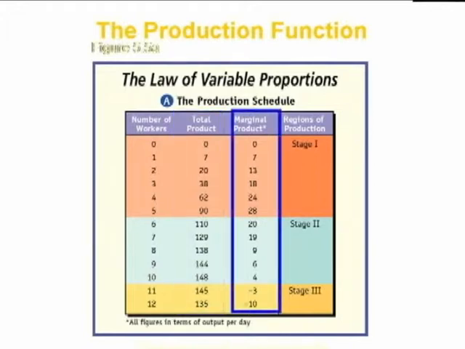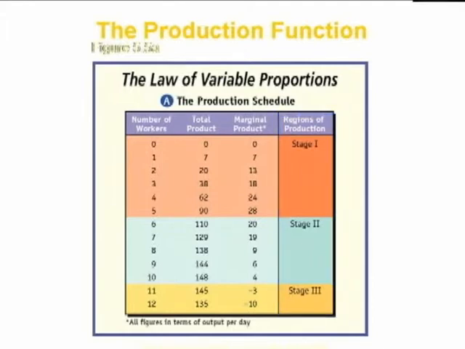The third column indicates calculation of marginal product. We will discuss this column further in later lessons. The fourth column is an indication of the regions of production characterized by stages 1, 2, and 3. And once again, we'll learn more about those in a future lesson.